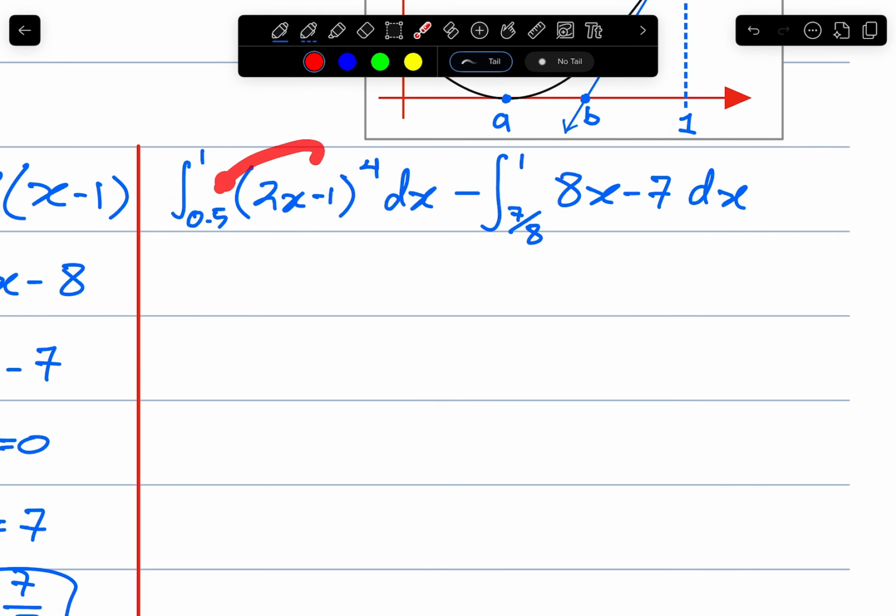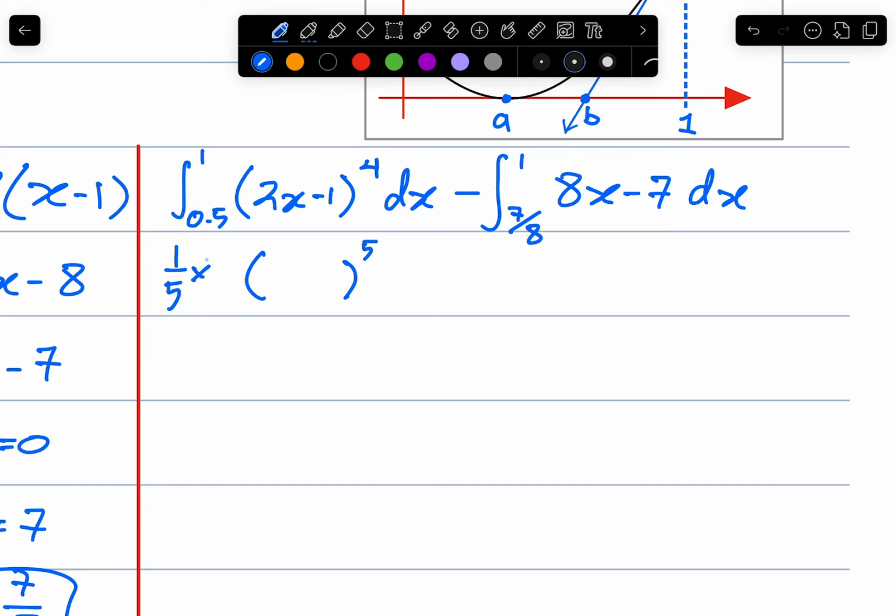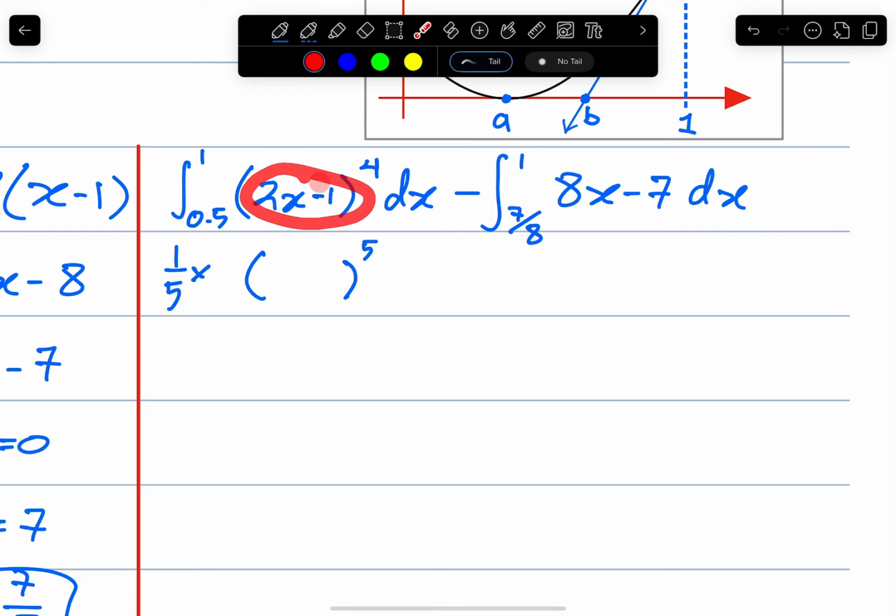So integrating this, we'll learn the integral of this later, using the reverse chain rule, is simply integrating the outside function. So it's going to be to the power of 5 with 1/5 times, dividing by the derivative of the inside here.